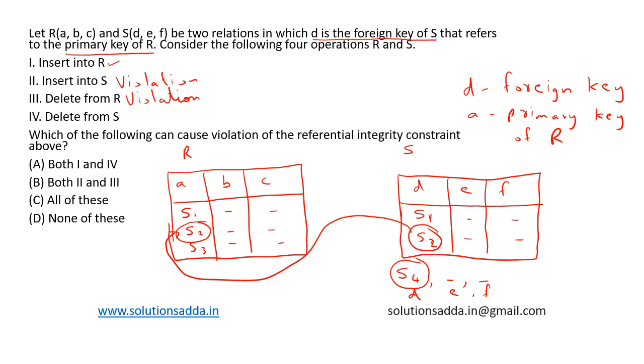Now delete from S. Deleting from S will not cause any violation of the referential integrity constraint, because even if we delete this, there is no issue here. So this is also okay. So the question is, which of the following can cause violation of the referential integrity constraint? So 2 and 3 can cause it, and option B, both 2 and 3, is the right answer here.